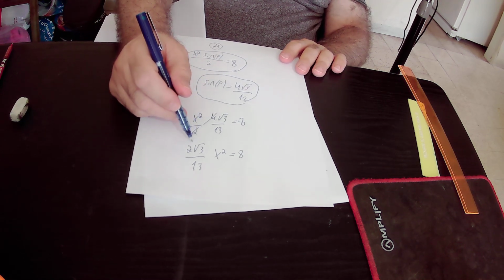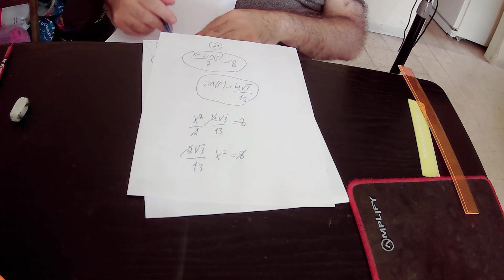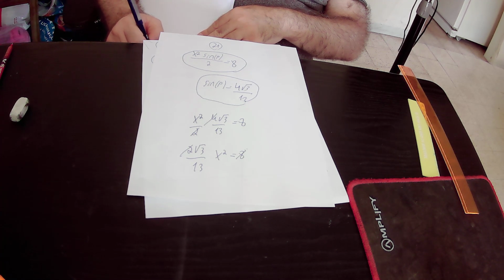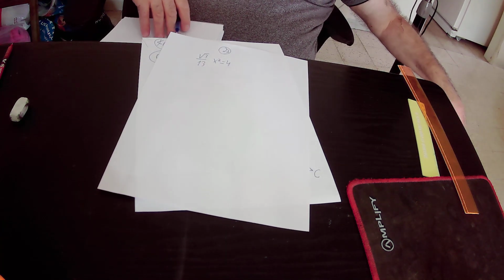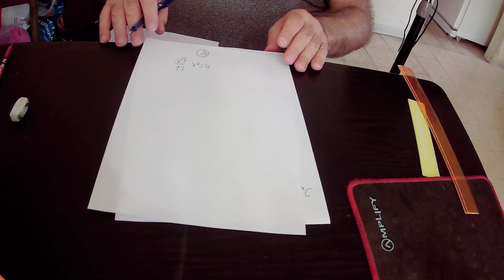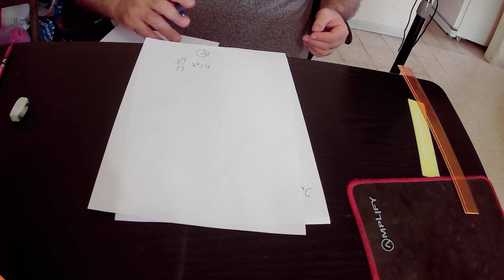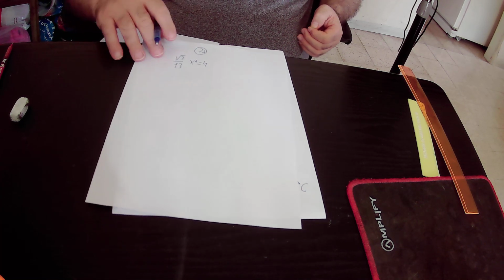Here we will divide this equality by 2, and we will get that root 3 over 13 times x squared equals 4. Now we will multiply this equality by 13, and then divide it by root 3 in order to get the value of x squared.